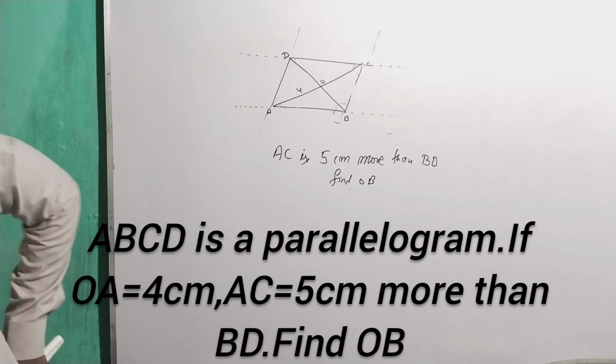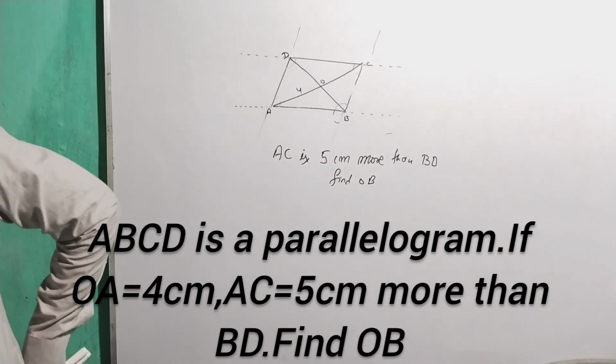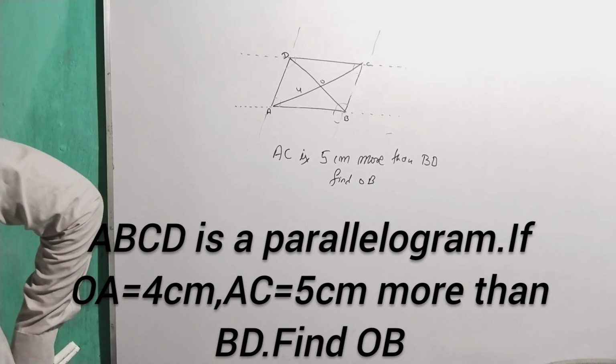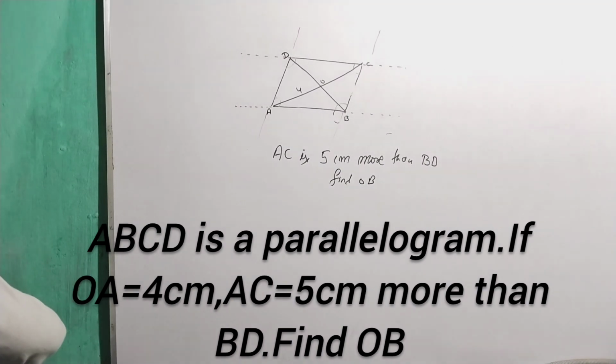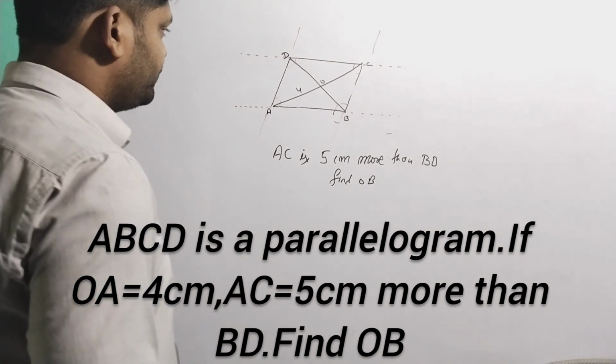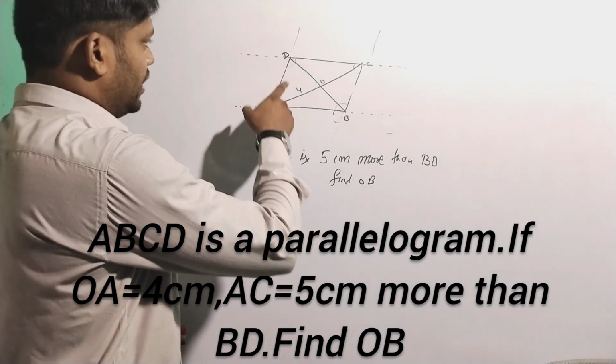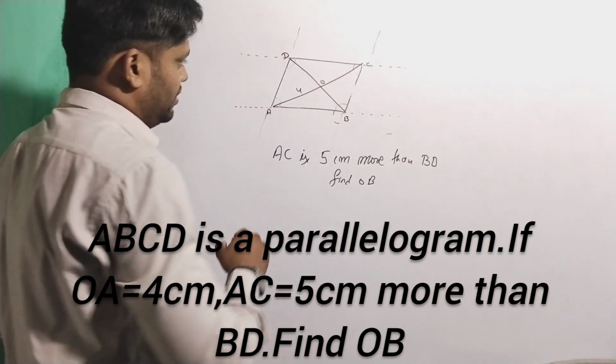Okay, so let us do the question. Now you try first. Let me see if you can do it or not. First you try the question by yourself, then we'll go into the sum. Now you see that we know the diagonals are being bisected.